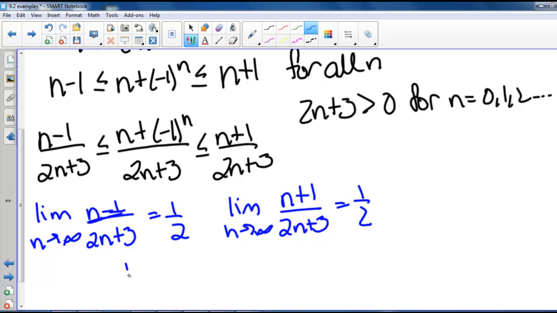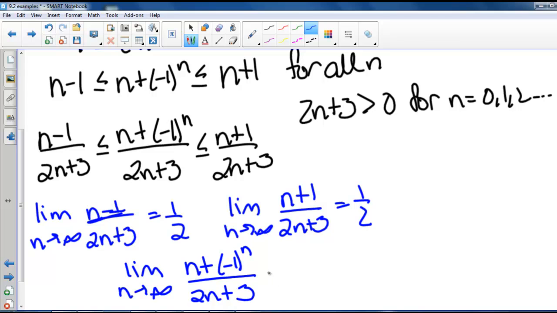So since these are equal, the limit as n goes to infinity of n plus -1 to the n over 2n plus 3 equals 1/2 by the squeeze theorem.